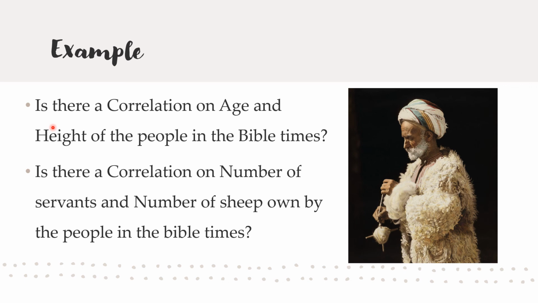As we know, the more the sheep increase, the more likely the owner would hire servants. Take note that the level of measurement is ratio. It's about numbers, and it is a quantitative variable.